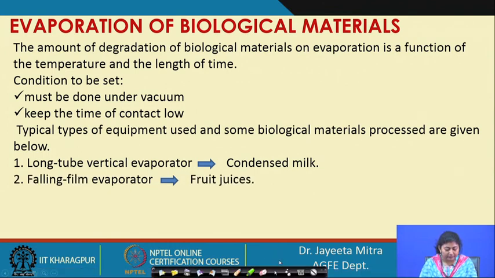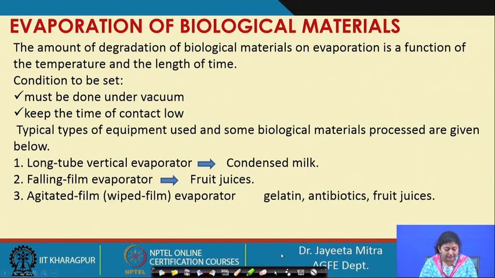Then there is the falling film evaporator. These are mostly used for fruit juices. Agitated film evaporators are used for antibiotics, fruit juices and gelatin also, because in all these cases we need continuous agitation to increase the heat transfer, because towards the end of evaporation, as they become concentrated, they may stick to the surface and reduce the heat transfer coefficient.